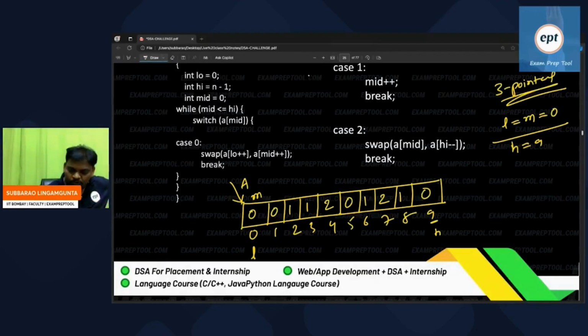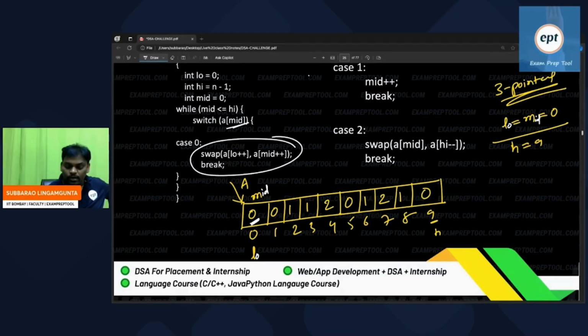Whenever the value of A of mid is 0, you swap A of low and A of mid, which means it swaps with itself.